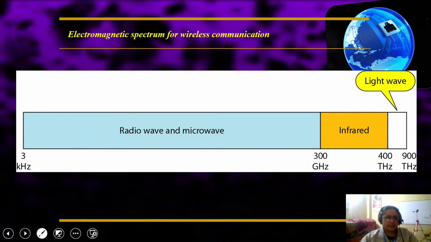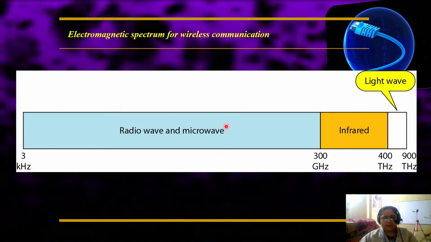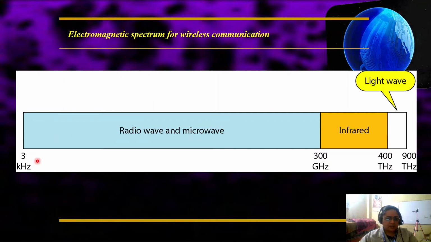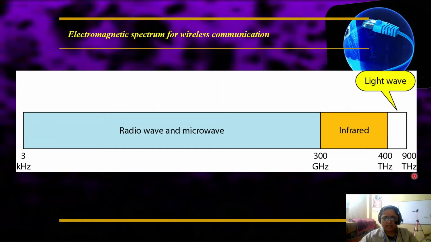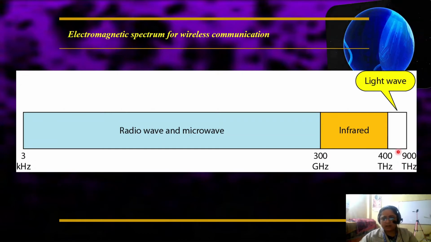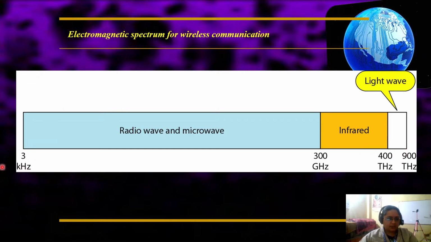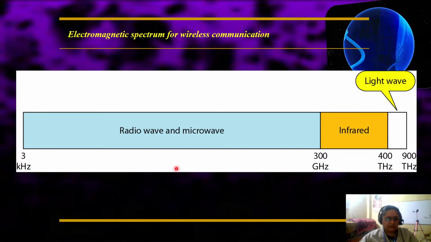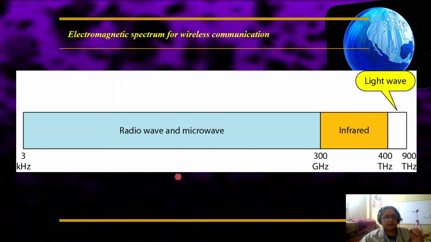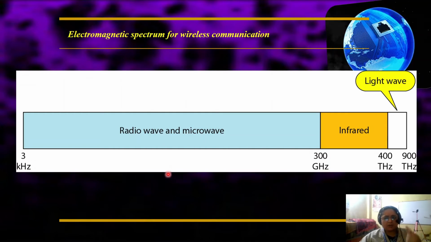So you can first see the electromagnetic spectrum for wireless communication. So we start from 3 kilohertz and we are ending at 900 terahertz, which is the highest frequency. Now what is frequency? Frequency is the repetition of a signal.